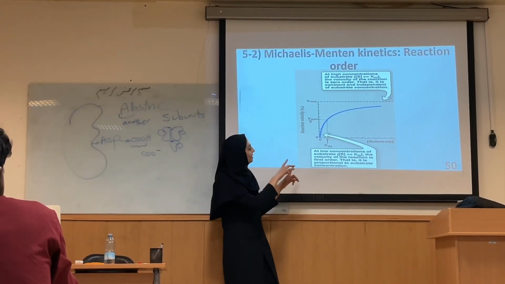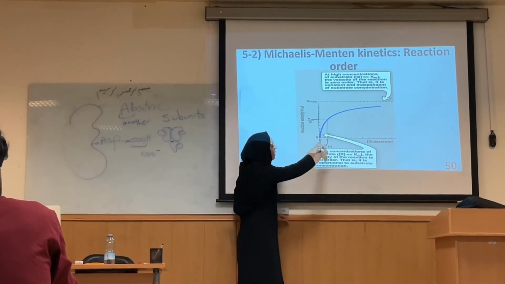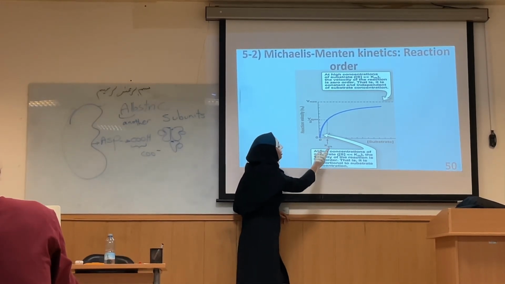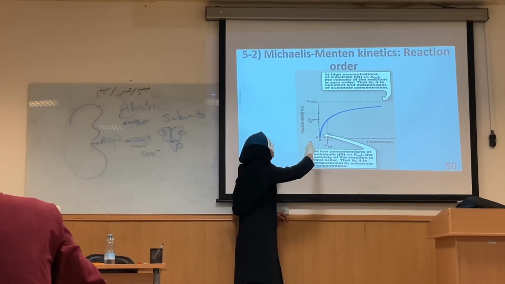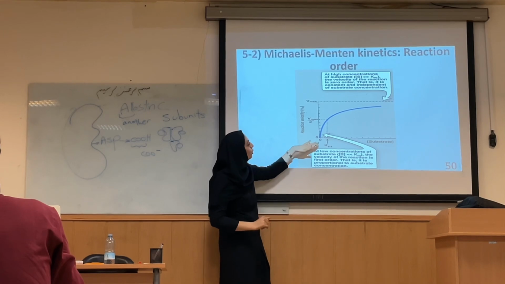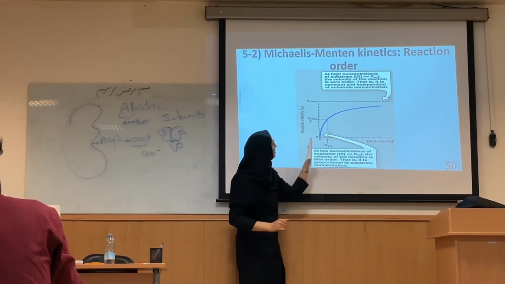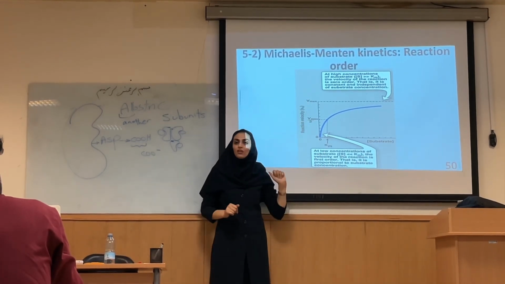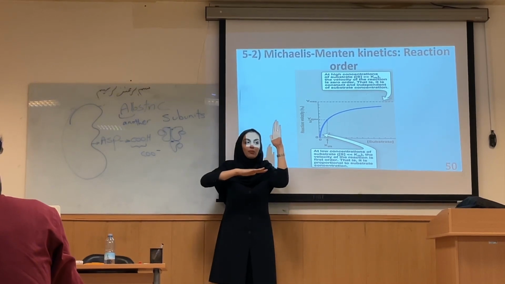What do I mean? I mean that when your substrate concentration is lower than Km, the enzyme reaction velocity is first order. With increasing substrate, the velocity will increase in a linear shape.